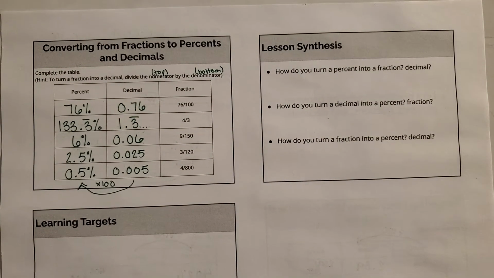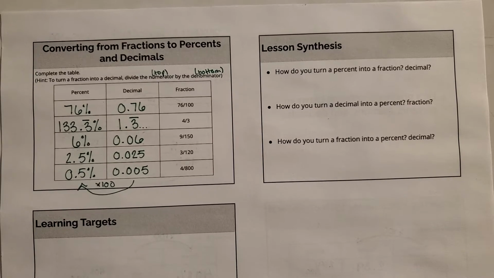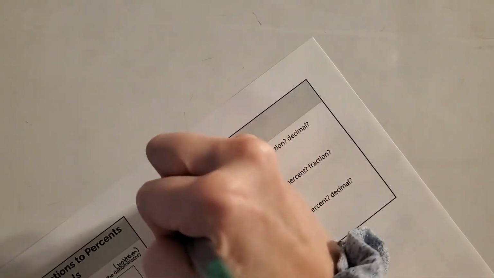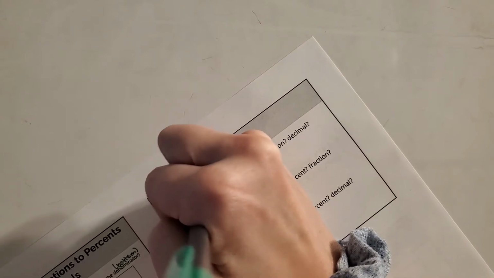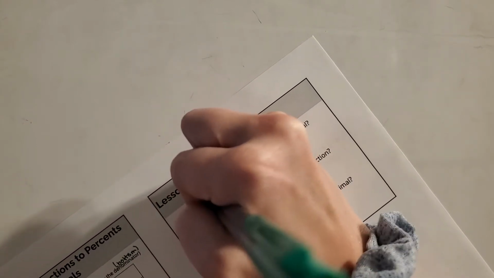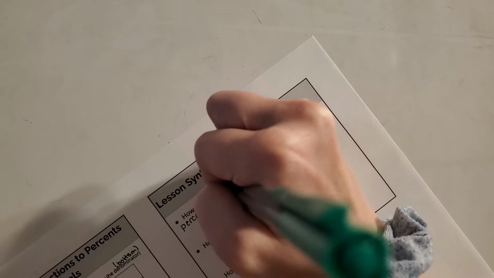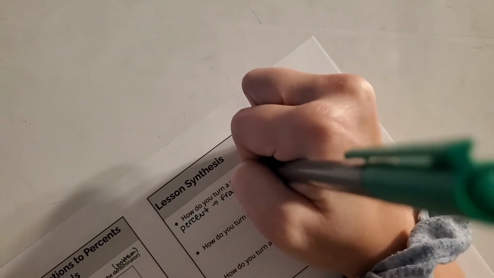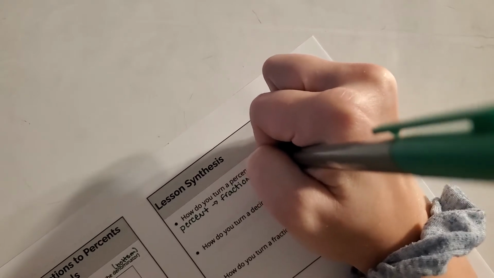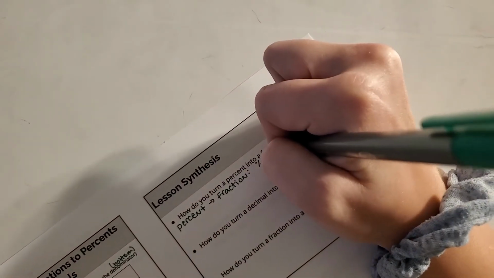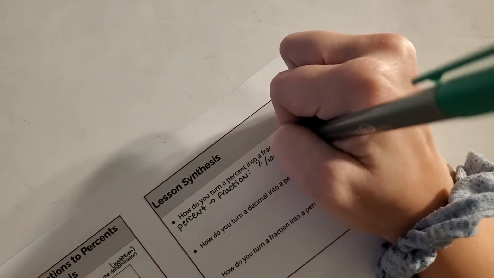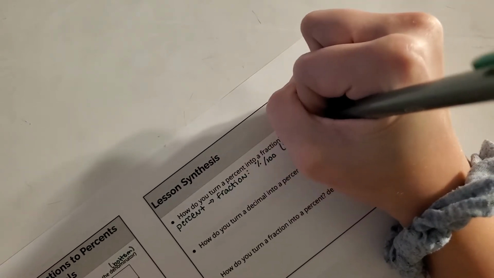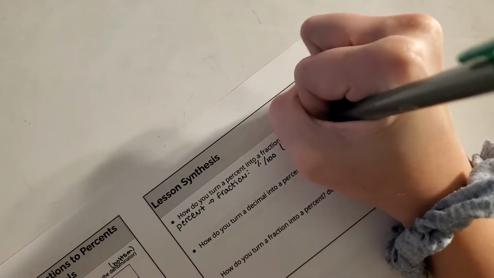All right. So, how do you turn a percent into a fraction, a decimal? A percent to a fraction, you take your percent and you put it out of 100. So if I have 36%, I'm going to do 36 out of 100.